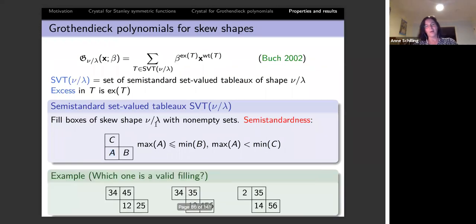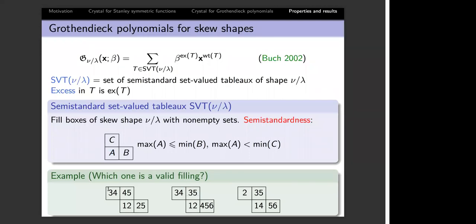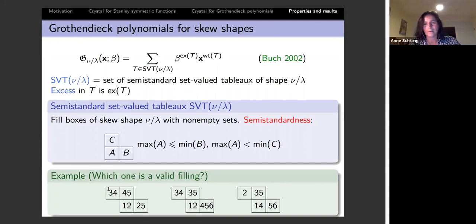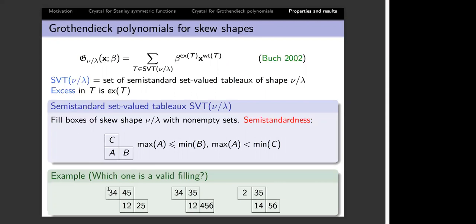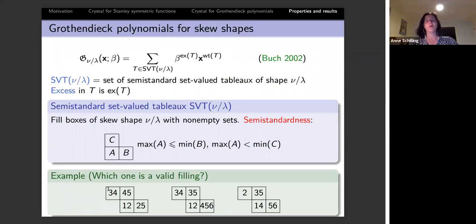Now here's a little audience test. Yes? I have a question, but I can wait to ask it at an appropriate time. No, you can ask it. What is the w corresponding to nu over lambda? Oh, yes. Remember that I defined this residue map last time?